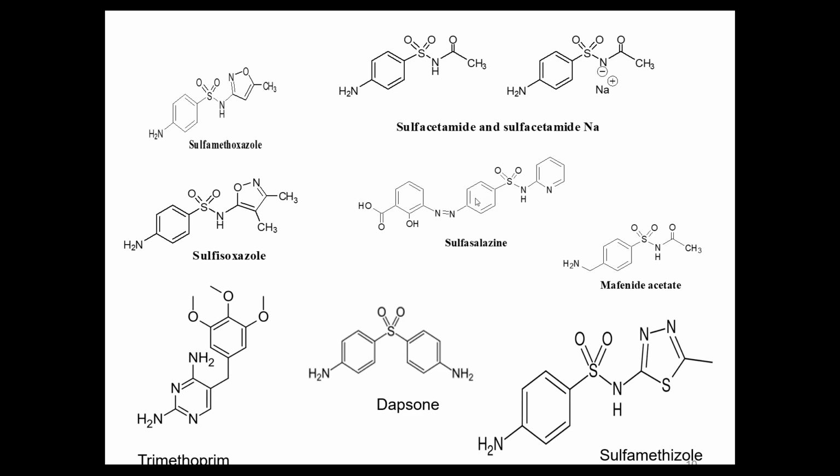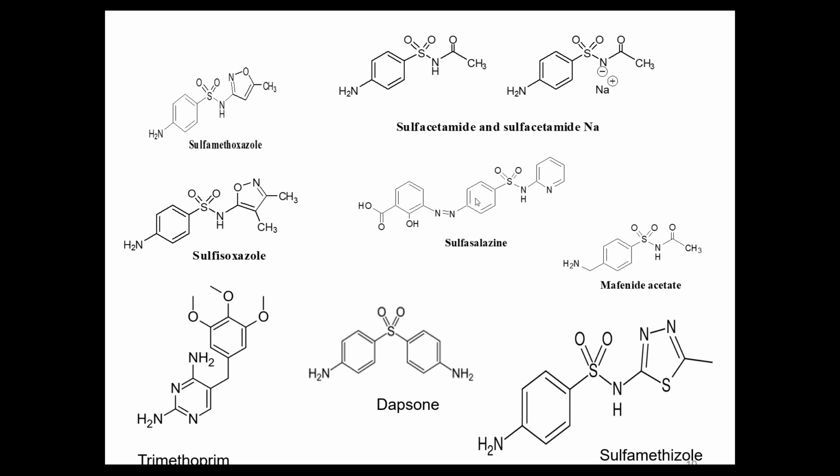One anti-leprotic drug, belonging to the class of anti-leprotic agents, is dapsone, which is also a sulfonamide, and this falls in the category of drugs used to treat leprosy. Then for bowel infections, or what is called inflammatory bowel disease, you have sulfasalazine.